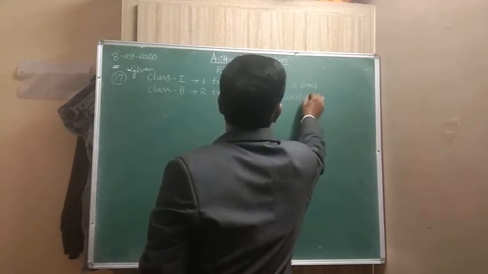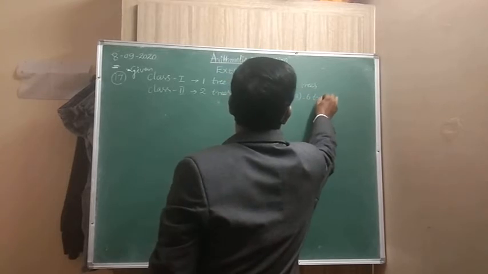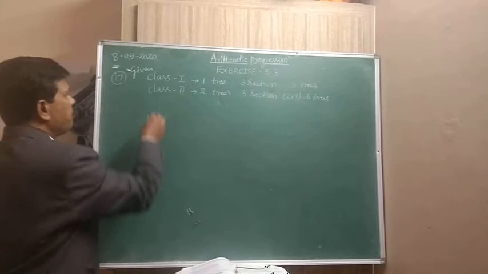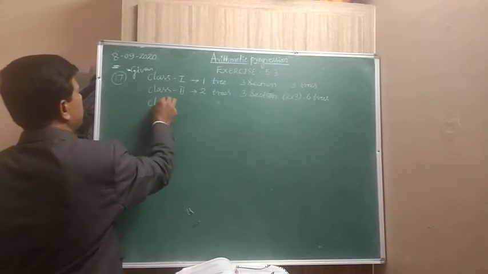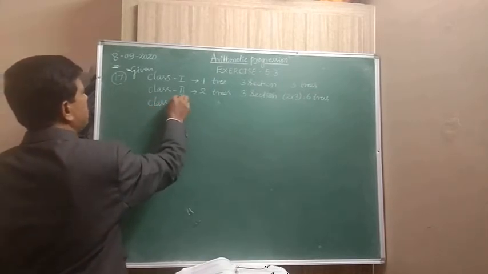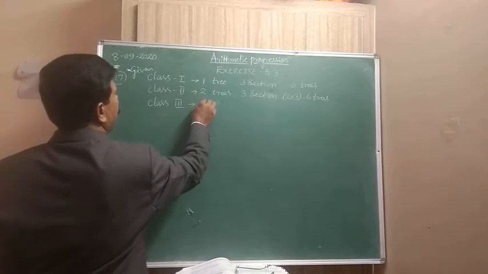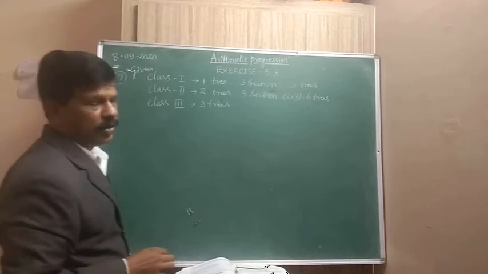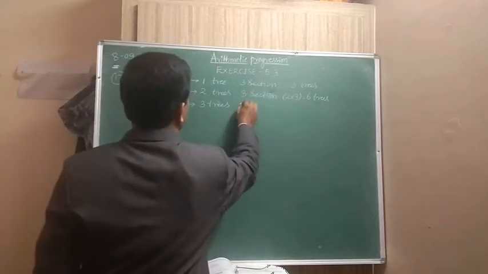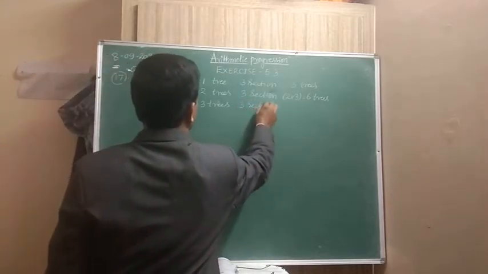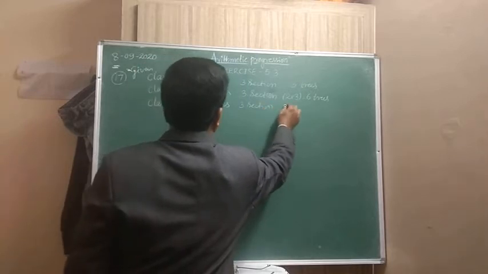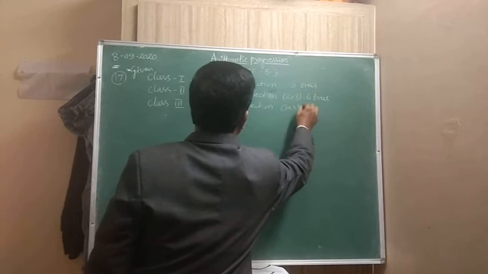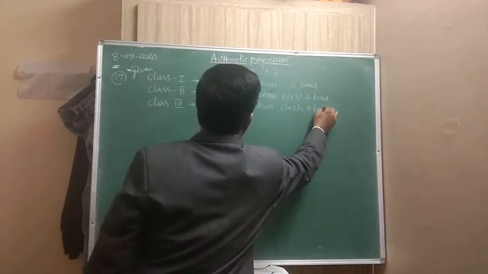So how much? 6 trees. Now class 3. 3 trees they are planting. Each planting 3 trees. So again there are 3 sections. Therefore 3 into 3, that is 9 trees.